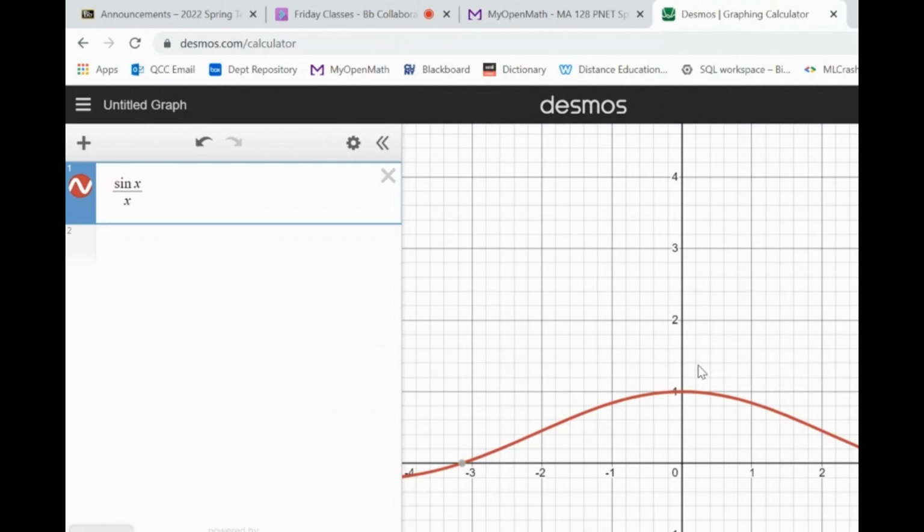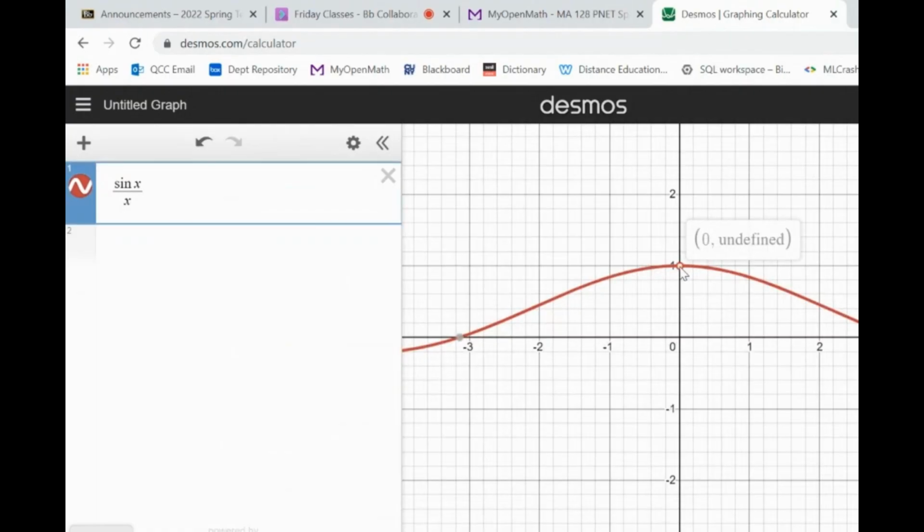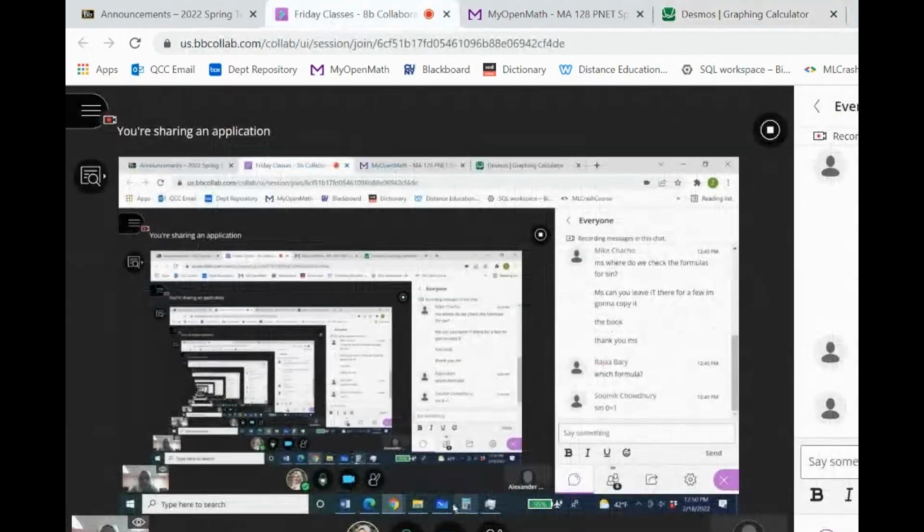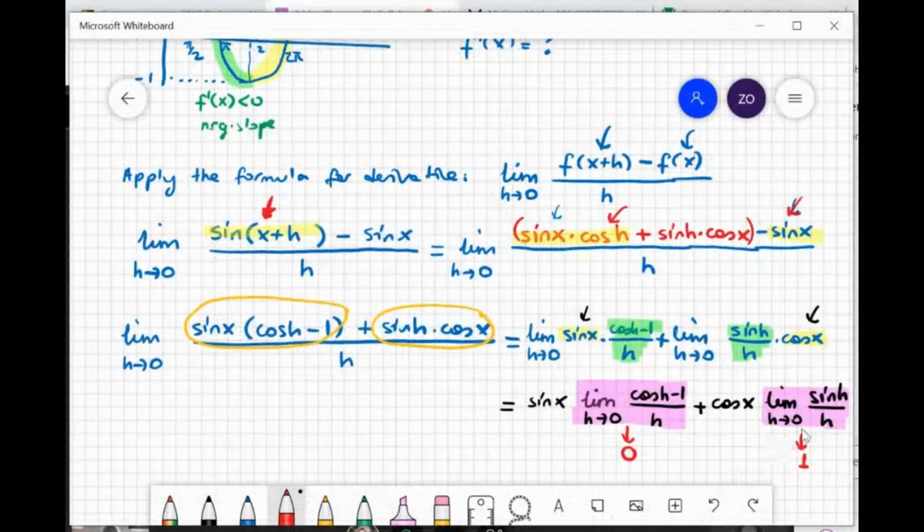However, remember we talked about discontinuities: if we have a hole discontinuity, the limit still exists. So the limit of this expression is 1. It approaches y equals 1. So the limit of sine of h over h, as h approaches 0, is 1.